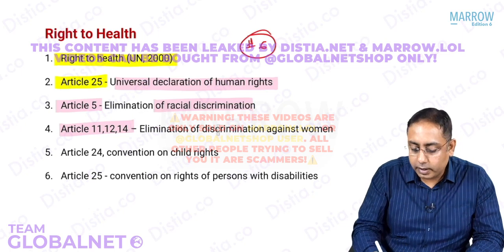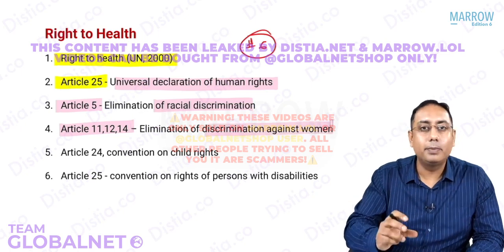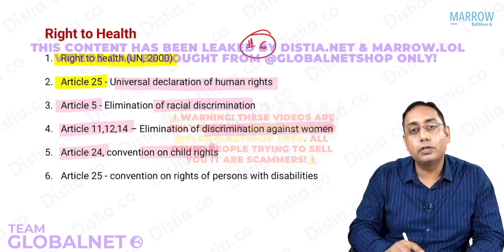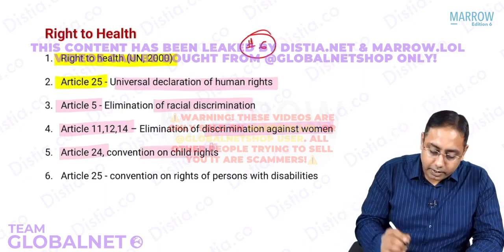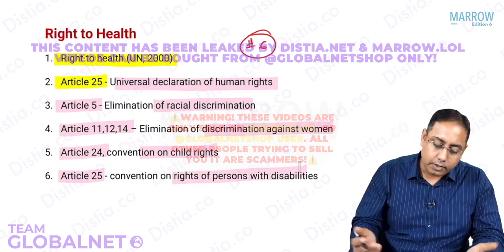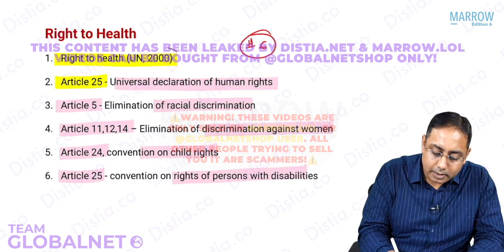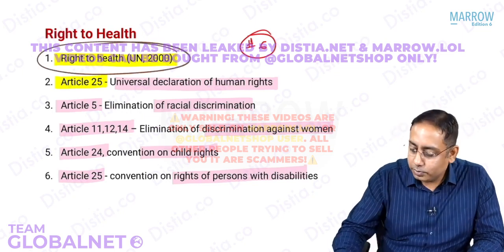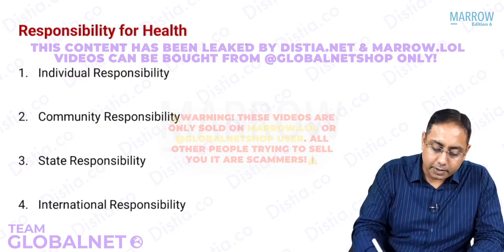Article 11, 12, 14 is about female empowerment and discrimination against females. And Article 24 is the Convention on Child Rights in every country. Article 25 is for people with disabilities. So you should remember, but at least remember the right to health was given by the United Nations in year 2000.